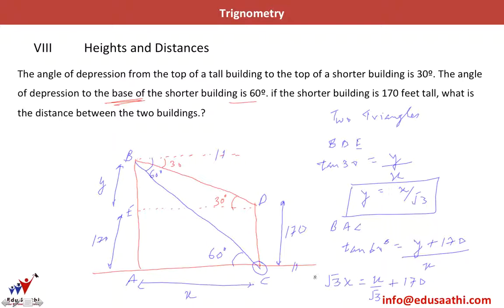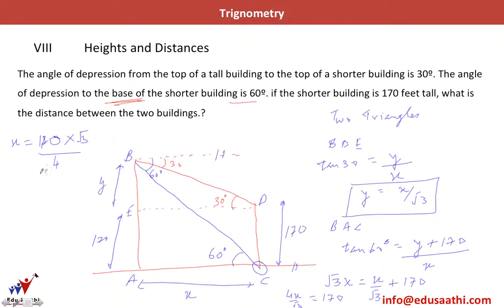So when you solve this, you will get 4x by root 3 is equal to 170. So I'll just write here. So x, which is the distance between the two towers, is 170 multiplied by root 3 and divided by 4.